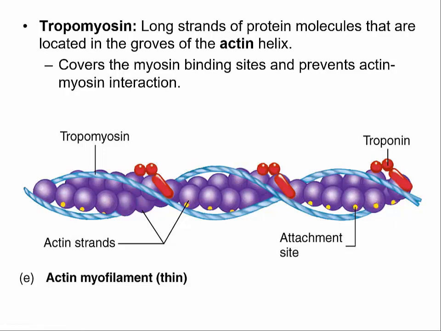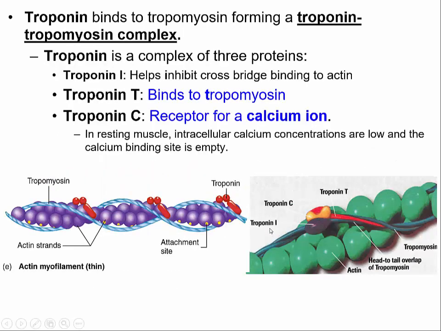They're long strands of protein molecules that are located in the grooves here of the actin helix, and it covers the myosin binding sites and prevents actin-myosin interaction. Well, attached to this tropomyosin are troponin molecules. Troponin binds to tropomyosin, forming what's called a troponin-tropomyosin complex. Now, troponin is a complex of 3 proteins.